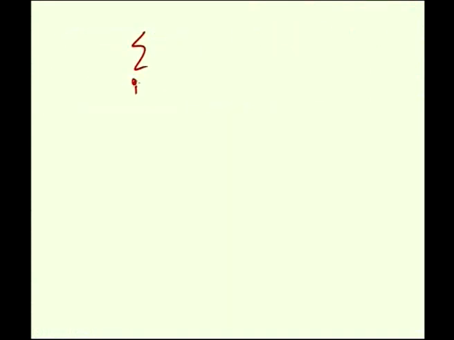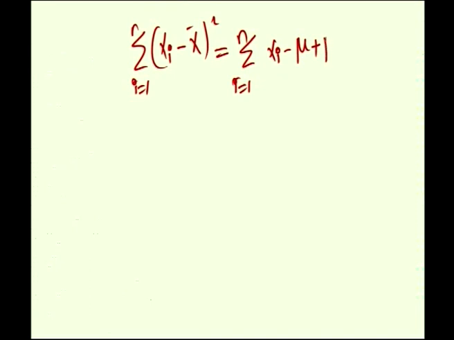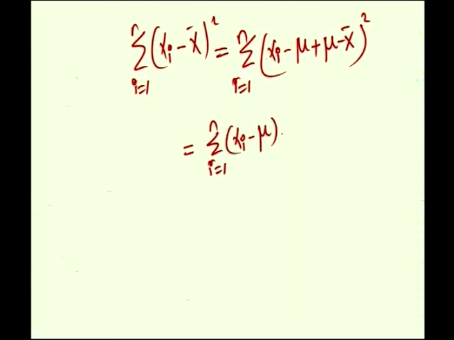Take summation xi minus x bar whole square, where i is equal to 1 to n. Add and subtract mu. Summation i is equal to 1 to n, xi minus mu plus mu minus x bar whole square. This is equal to summation i is equal to 1 to n. Just write it in this format, xi minus mu minus of x bar minus mu whole square.